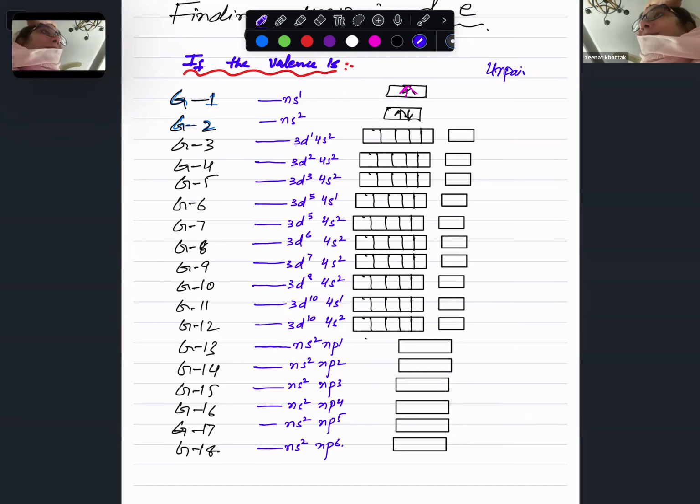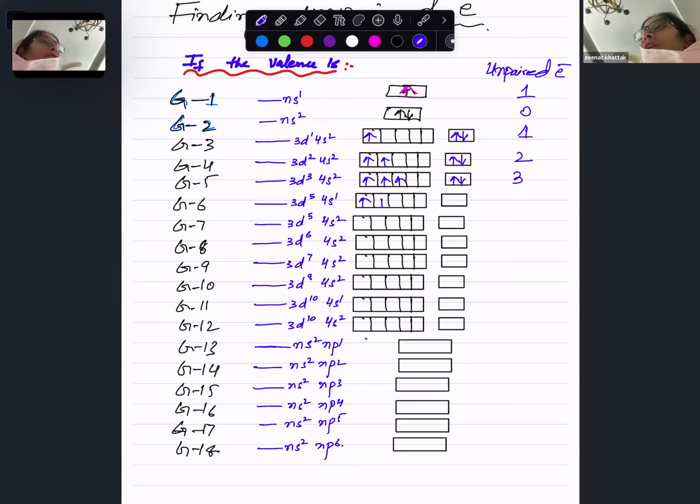Unpaired electron. One? No. But in this it is 1s2. So 1, this is 2. So 2 unpaired. Now, how many unpaired? 3.